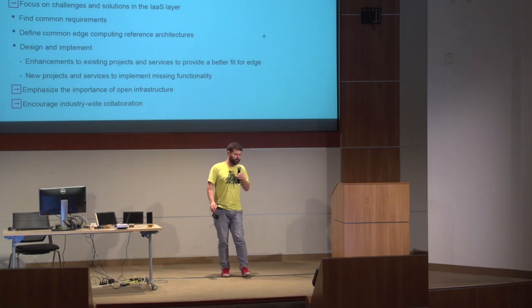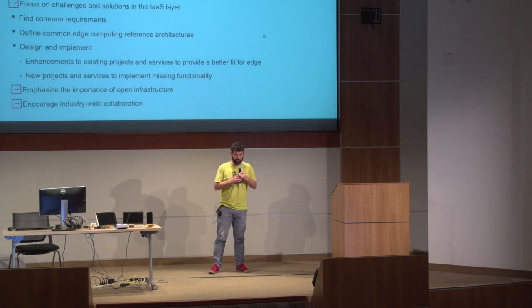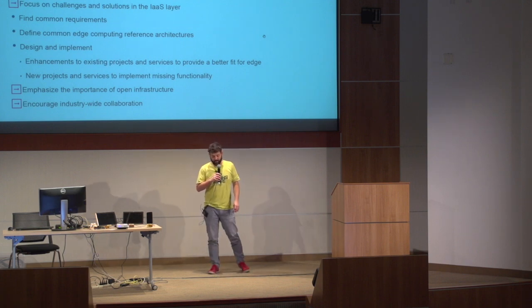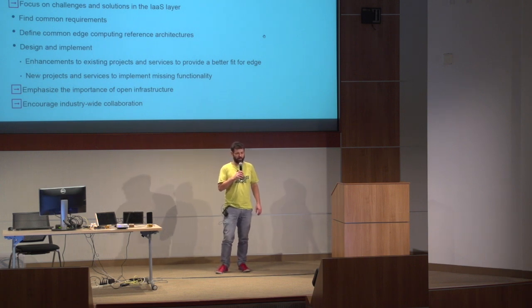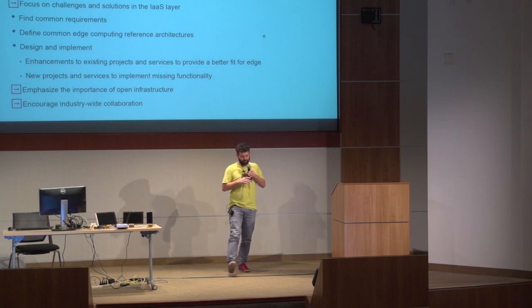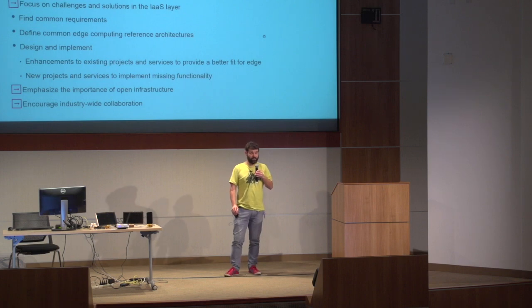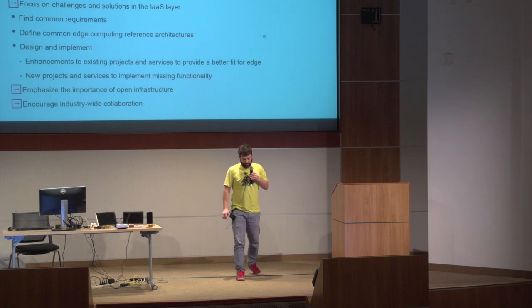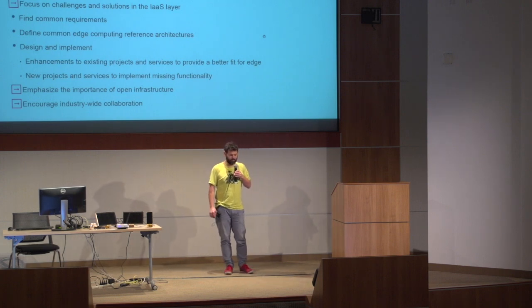Also, we are working together with OpenStack projects like Keystone, for example, which was mentioned by Trevor also, because we believe that Keystone Federation is a key component of this edge cloud infrastructure, and Keystone Federation is a relatively new feature and needs some contributions.